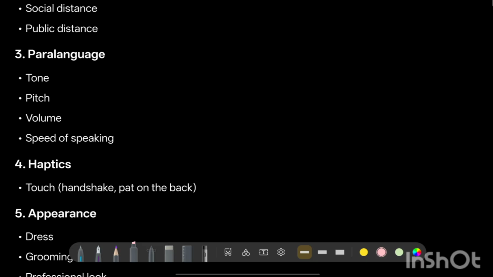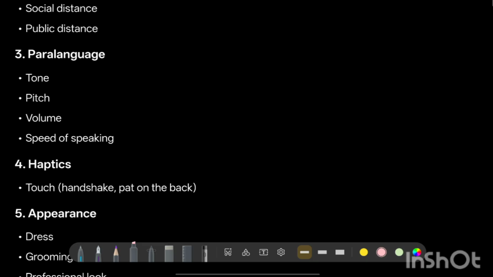Also, we have extroverts, who can mix up easily, make friends easily, trust easily. And there are ambiverts, who state themselves according to the situation. According to the situation they become extrovert or introvert.